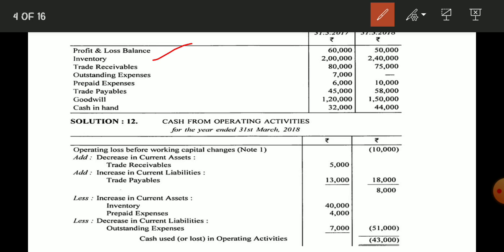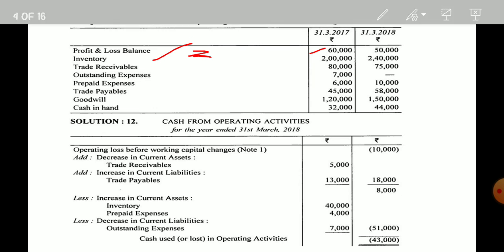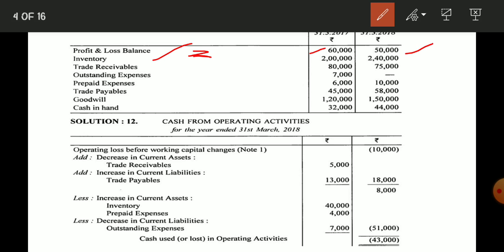So on the basis of profit and loss we will calculate the operating profit before working capital changes. In the previous year it is 60,000 and in the current year it is 18,000. So the difference between them is negative, it will be shown in brackets, 10,000, it will be a loss. Add decrease in current asset.